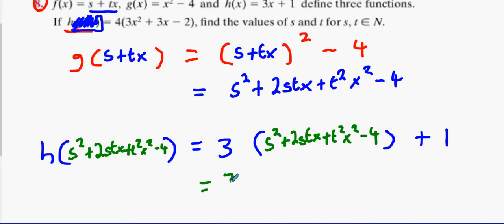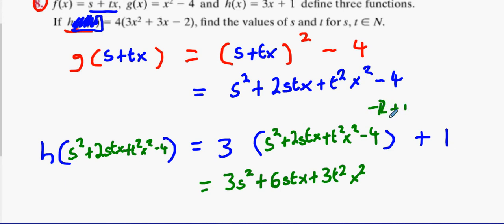I'm going to get 3s squared plus 6st x plus 3t squared x squared. That's going to be minus 12 plus 1, isn't it? What is minus 12 plus 1? It's going to be minus 11, is that correct?